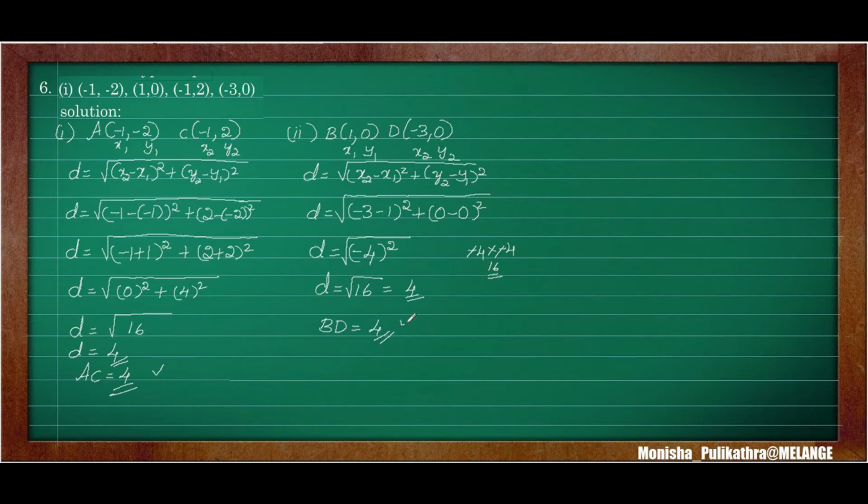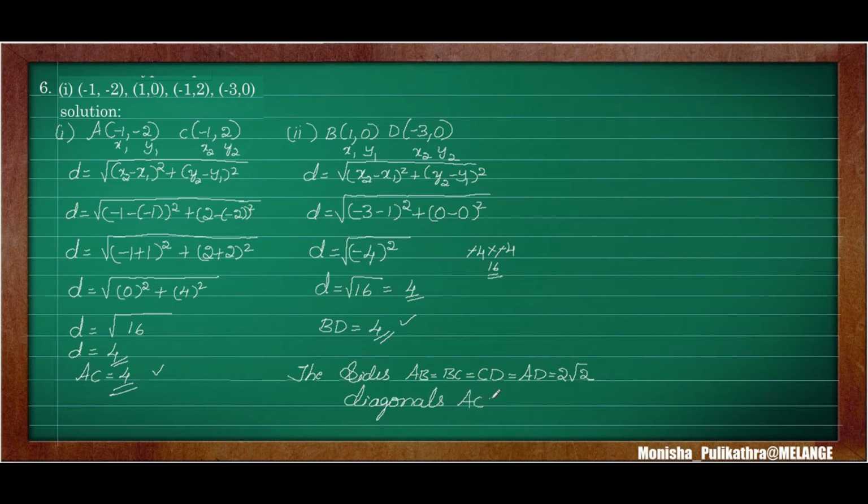So the two diagonals are equal. We have already found out the sides. So the sides AB is equal to BC is equal to CD is equal to AD, that is 2 root 2, and the value for diagonals is also equal.